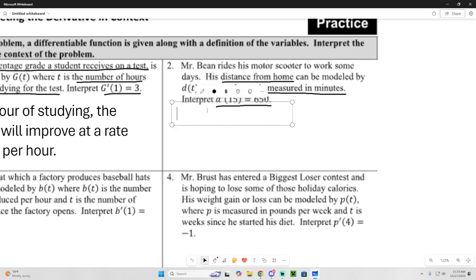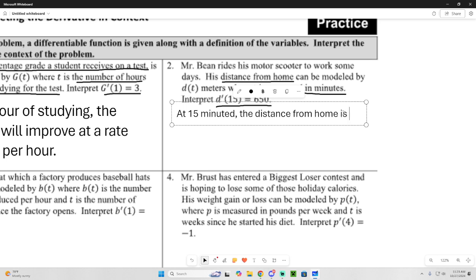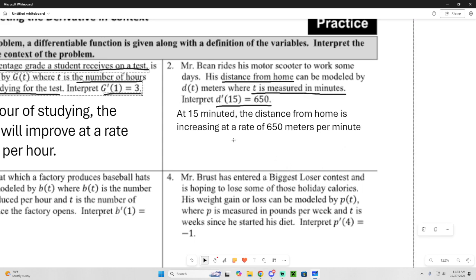So, we know 15 is the number of minutes, so at 15 minutes, the distance, which is our dependent variable, from home, and we know that our derivative is positive, so we can say that the distance from home will be increasing at a rate of 650, and our dependent variable is meters per minute. And that's how we write that out.